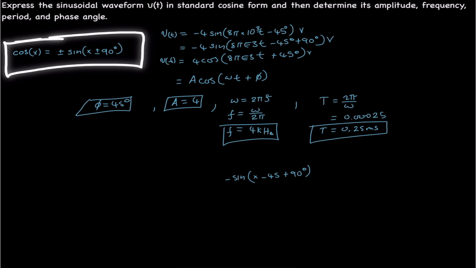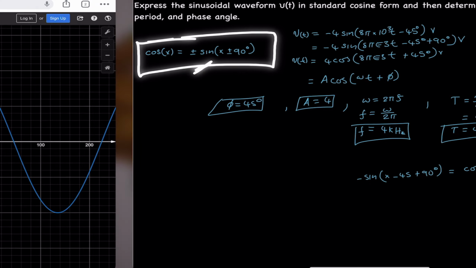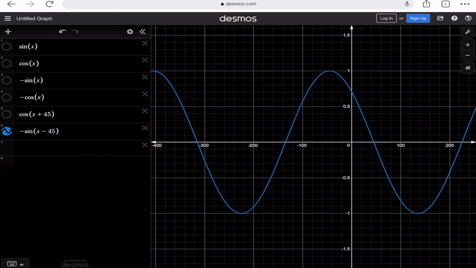And then that's supposed to be equal to cosine. And yep, cosine x plus 45. So both of these graphs are supposed to be the same. And if that's the same, that means our trigonometric identity worked. So this is supposed to be equal, and there it is. Both are equal.